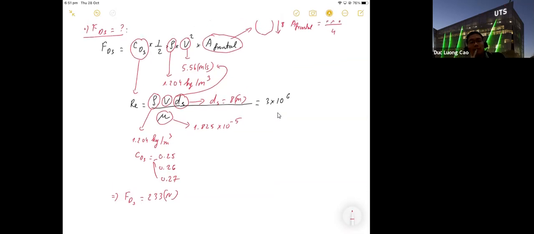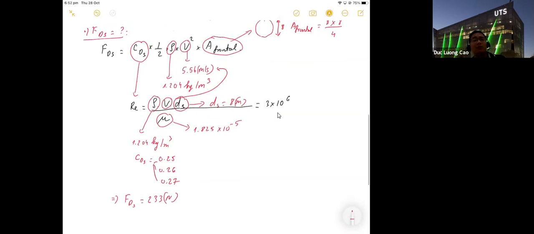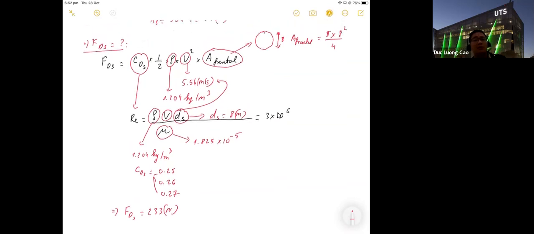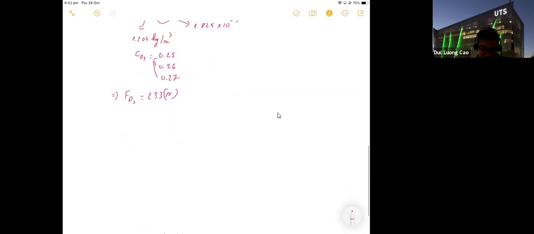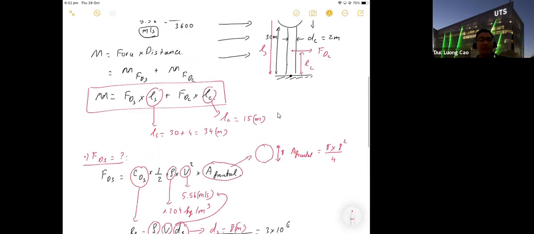FDS equals CDS, which you have from the figure when you have Reynolds number, times one half, density from the table at 20 Celsius, velocity 5.56 given in the question, and frontal area, which is the area of the circle with the diameter of 8. Done. So FDS, you got it.